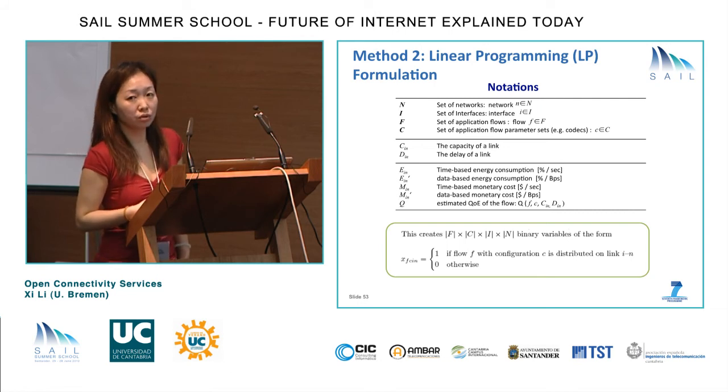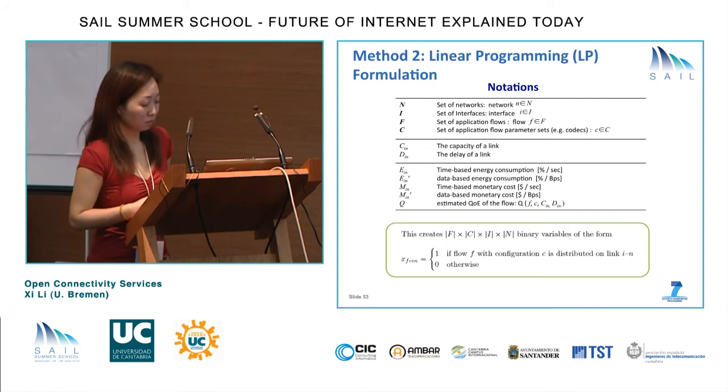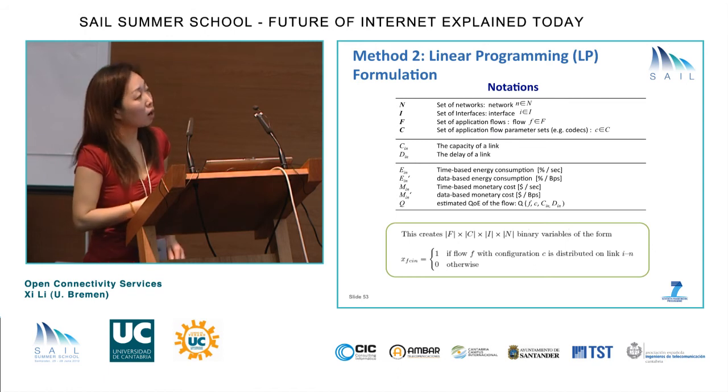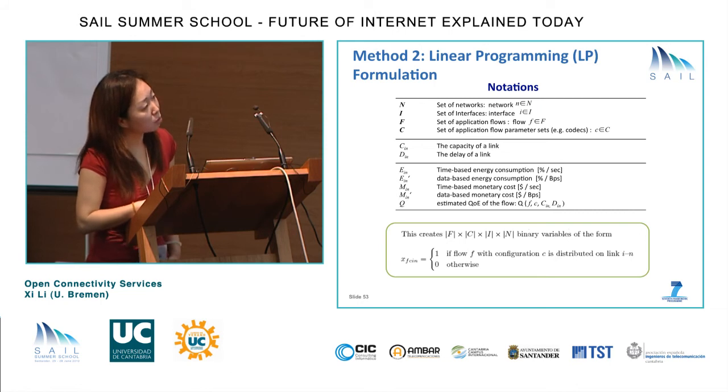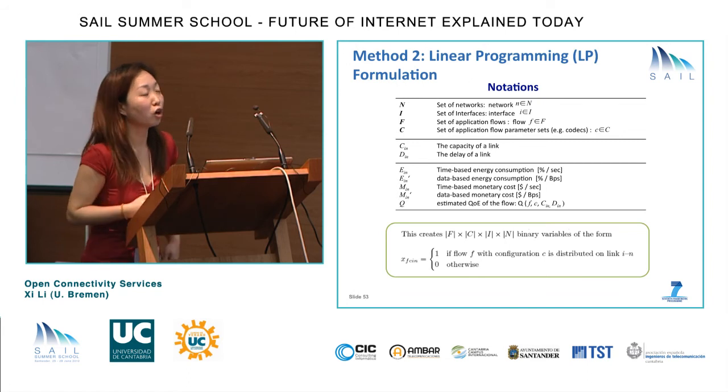Otherwise, it will be equal to 0. So when we have this number of flows, this number of parameters per flow, this number of interfaces and this number of networks, we will have F multiplied by C by I by N, such a complex problem space.